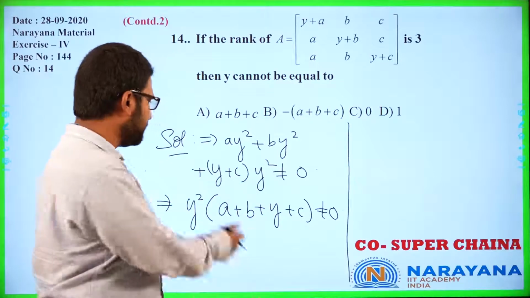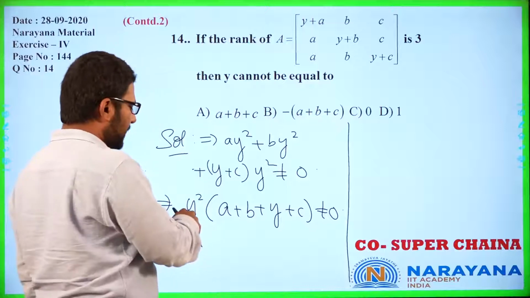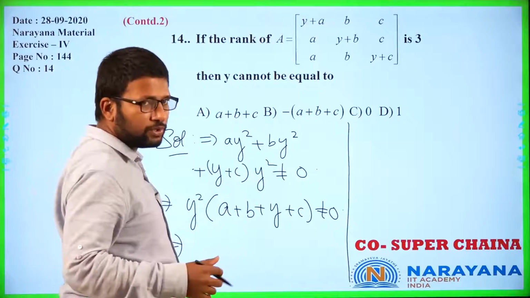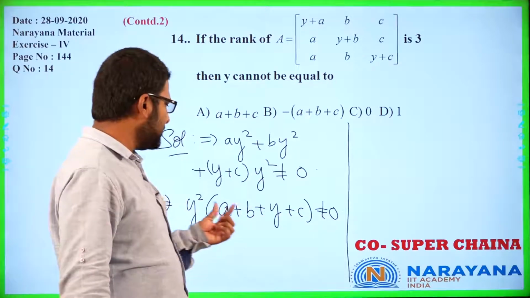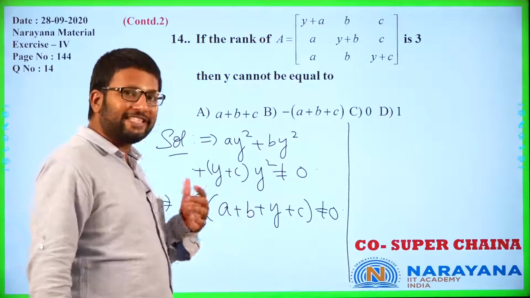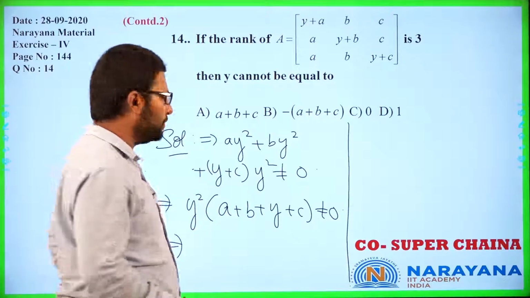What do we do? If this was equal to 0, what would you be writing? Y square equal to 0 or this bracket equal to 0? So here these two are not 0, which means this product is not 0, which means definitely all the terms must be non-zero, right?